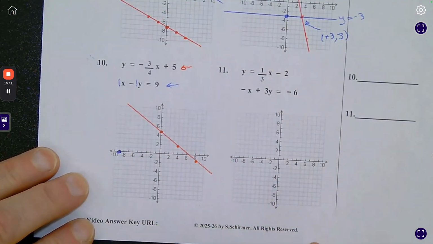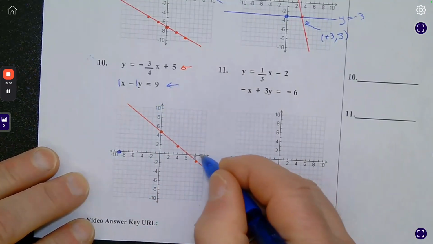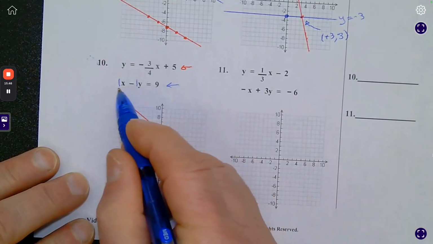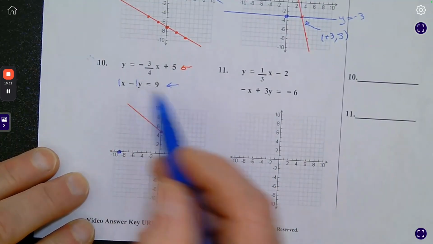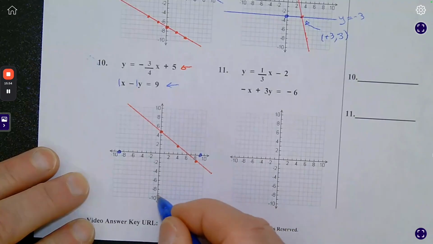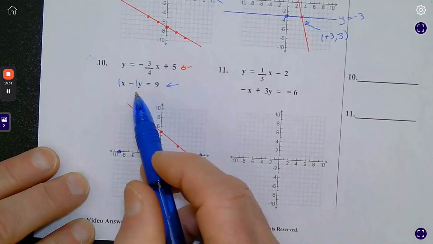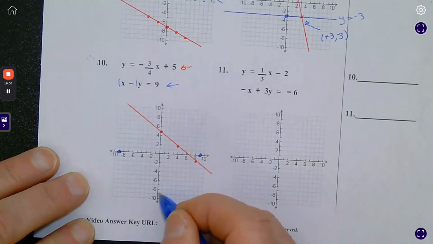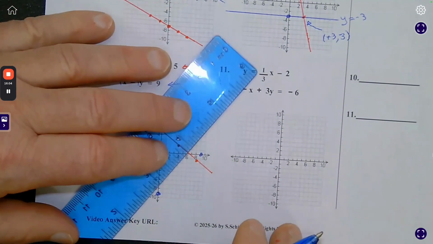To find my y-intercept, I divide -9 by -1, so that's 9. Oh man, my y-intercept is 9 divided by -1, so that's -9. I got it. Draw that line.